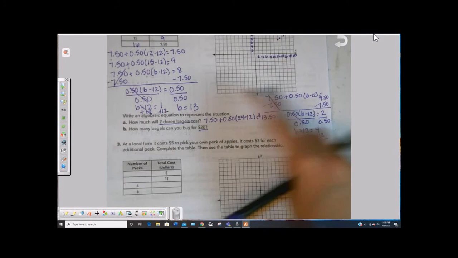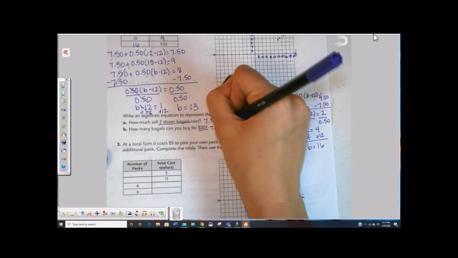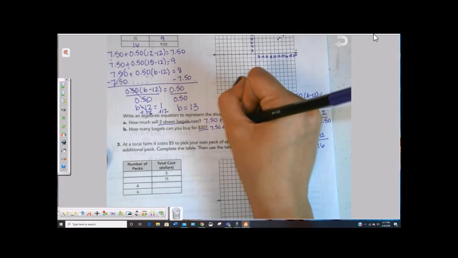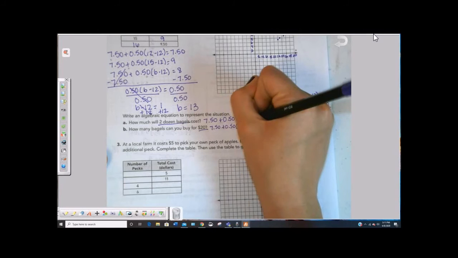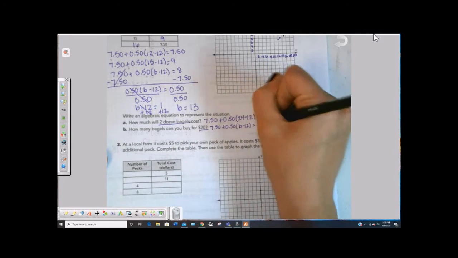Okay? Now it says, how many bagels can you buy for $20? So you're doing the long version, or if you can figure it out in a shorter way, that's totally fine too. So I'm going to take $7.50. I don't think I'll be able to fit all this, but I'm going to do my best. 20.